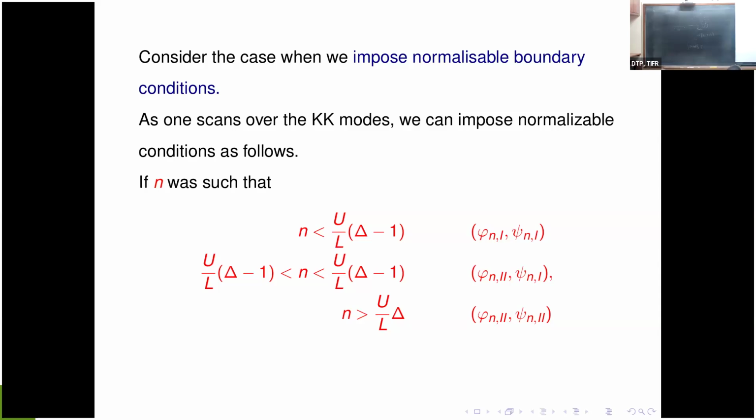But sorry, just about the first and last case. Your Killing spinors are exponentially growing, right? Here we are not bothered about the supersymmetry actually. We're just imposing normalizable boundary conditions in this class. But supposing I do look at the first class, one means normalizable, right?